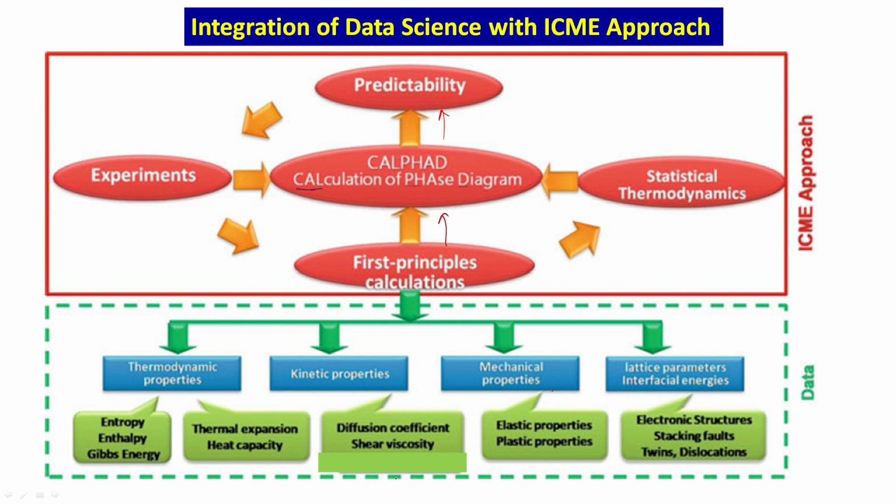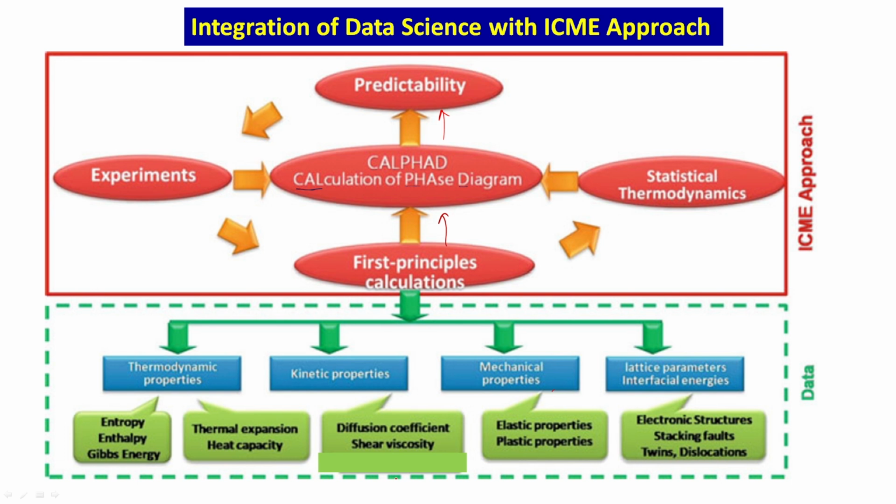I am not sure whether you have an idea about statistical thermodynamics. That is a branch of thermodynamics which talks about statistical aspects, and we can also get information from first principle calculations like ab initio calculations like DFT, and molecular dynamics calculations. So, this information starting from theoretical calculations can provide important inputs to the CALPHAD, but that is not all.